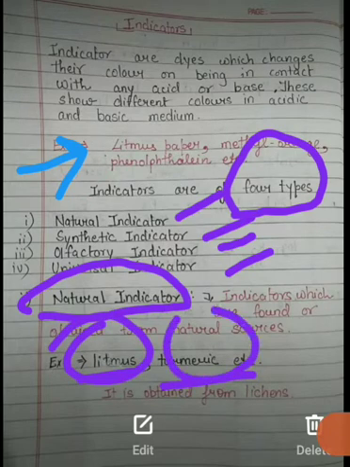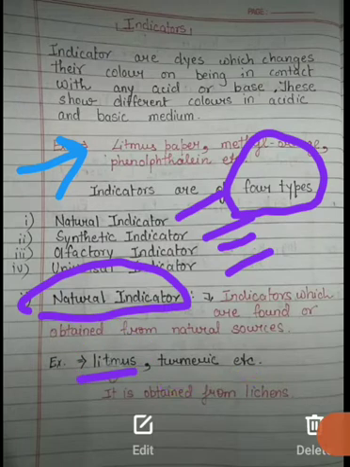Similar is the case for turmeric. When there is a stain of turmeric on your cloth, and you apply soap over it, that is a base, its color changes to reddish brown or rust brown, okay? So this is about natural indicators. And know one thing about litmus, that litmus is obtained from lichens, okay?